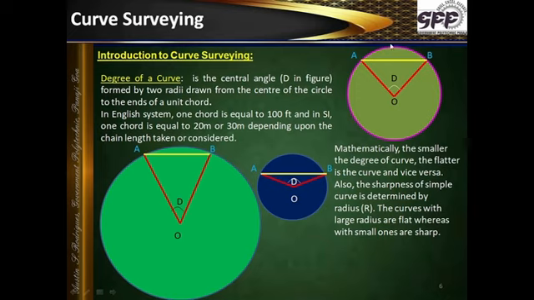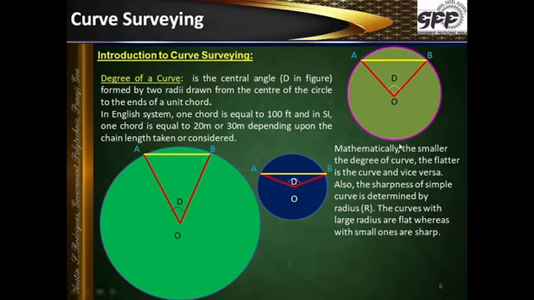Now when I look at the circle over here, if this is my unit chord, a unit chord is a chord of unit length, a well-defined length which is equal to 1 unit. So AB is the length of 1 unit.